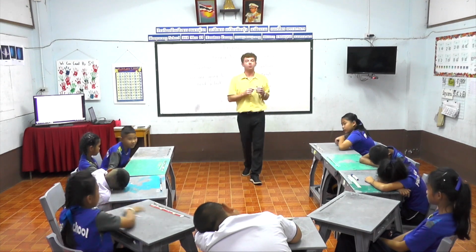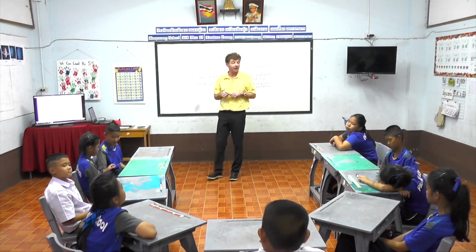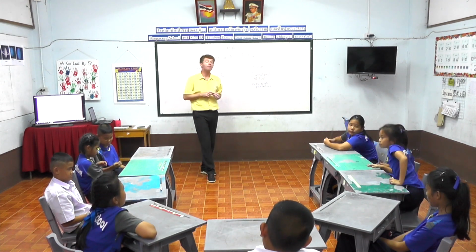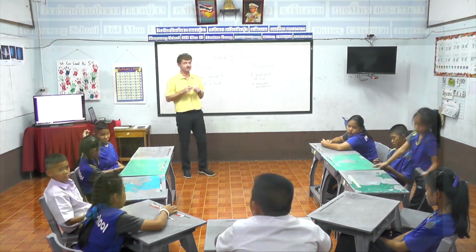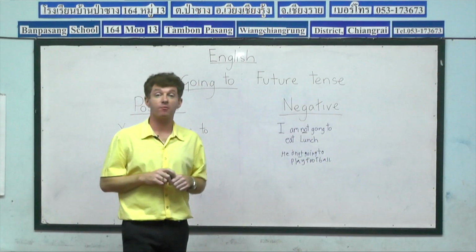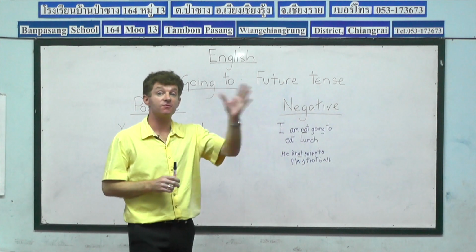Okay, let's open our eyes, guys. And who has the pen? Preo, come and join me at the front, please. And we're going to practice one more time, positive to negative.